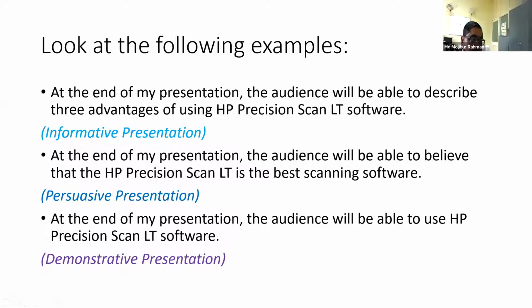Then at the end of my presentation, the audience will be able to believe that the HP Precision Scan LT is the best scanning software. That means it is a persuasion. Then at the end of my presentation, the audience will be able to use HP Precision Scan LT software. That means it is a kind of demonstration. So we have to demonstrate how to use that software.